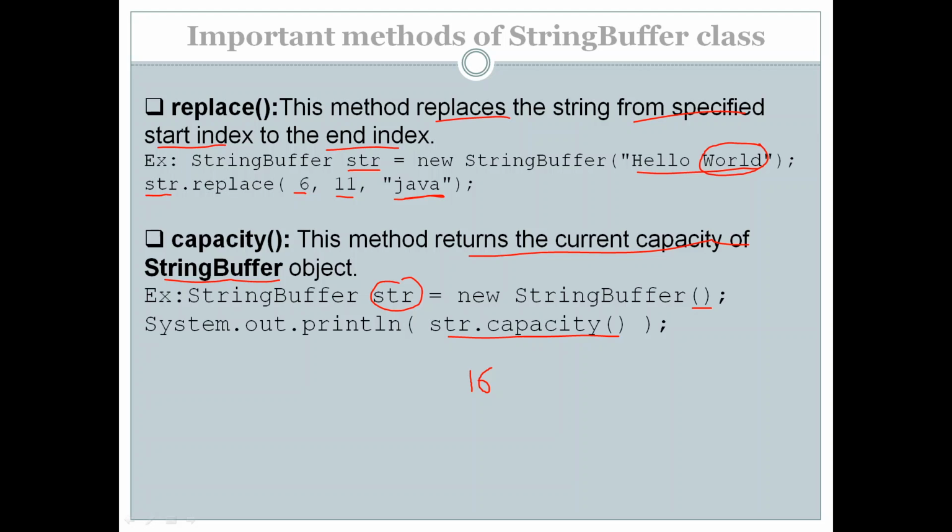The reason is that the empty constructor in StringBuffer always reserves space for 16 characters, and therefore the output it will print is 16. Even though we have not added any content to str, by default it reserves space for 16 characters, and that is the reason the capacity will return the value 16.